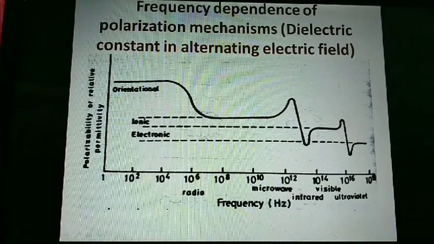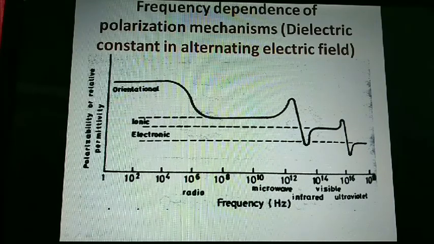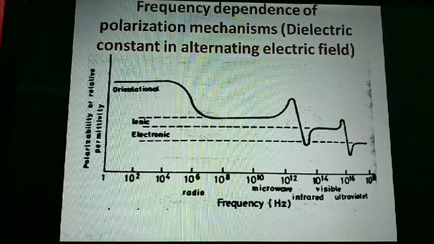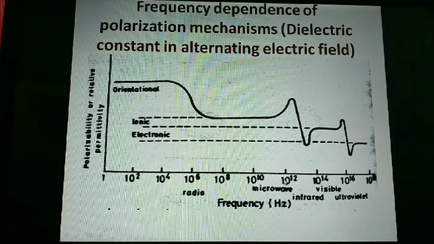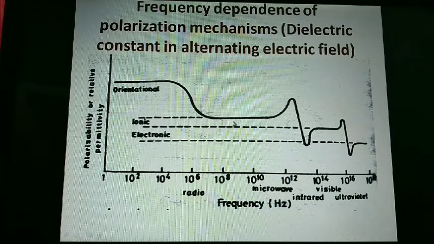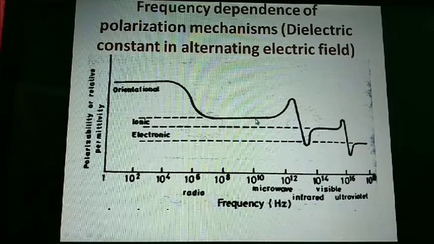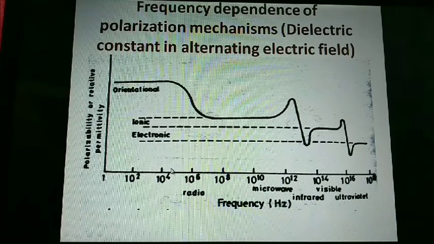Hence, the dipolar polarization ceases in the frequency range above 10 power 6 to 10 power 11 Hz. In this range only ionic polarization and electronic polarizations can sustain. Orientational polarization is possible only in the lower frequency range.